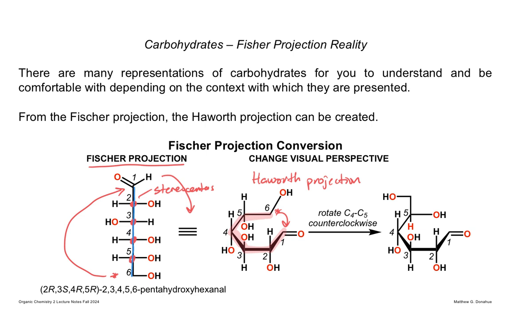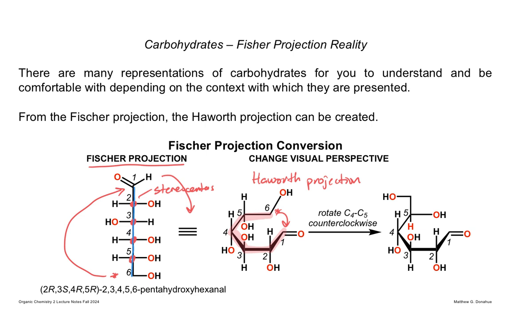And really where this is ultimately going, the Fischer projection helps you with the right, left, right, right. Haworth is telling you, is it up or down? And then as organic chemists, ultimately, when this thing forms a ring, it's 6-membered, so we want to know, are those things equatorial or axial?